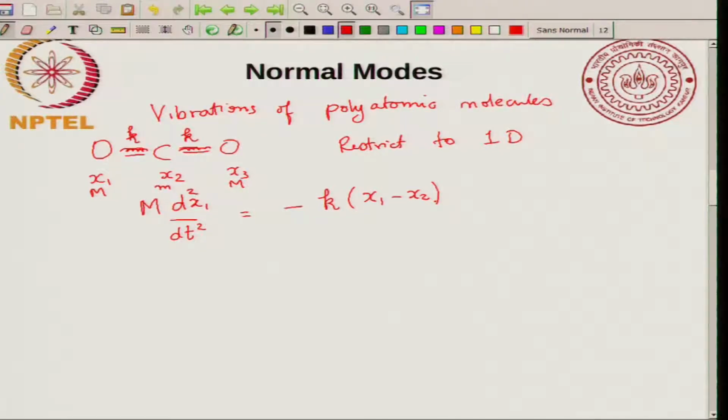Okay. So this is the equation of motion for this mass, and you can see that x1 really reflects the displacement from the mean position. So you can think of x1 as a displacement from the mean position. So x1, x2, x3 are displacements from the mean position.